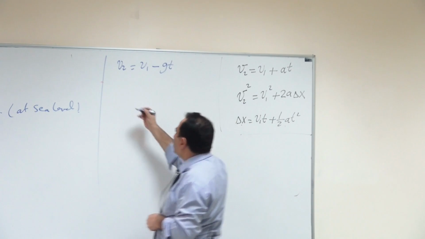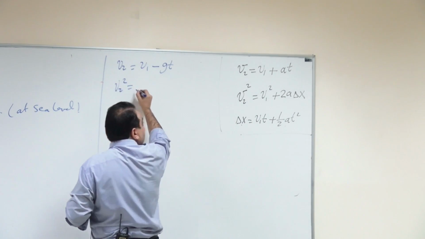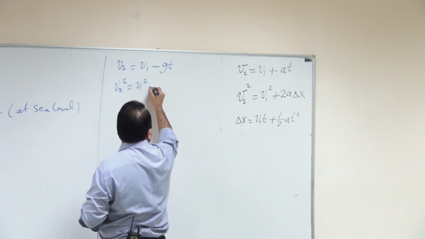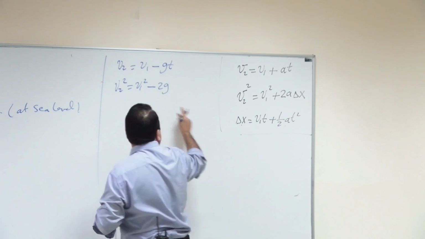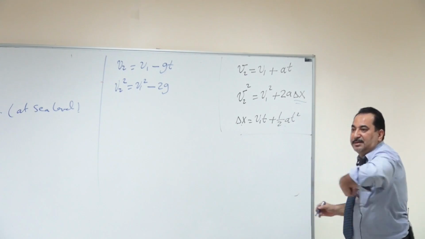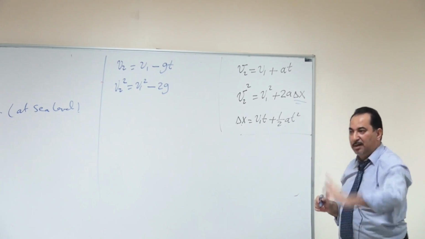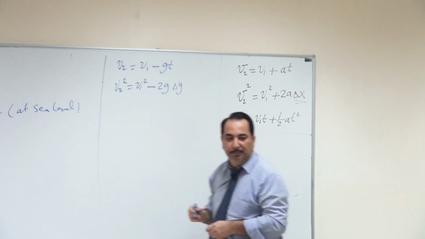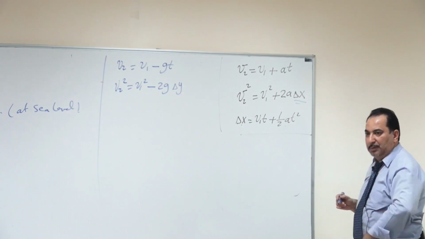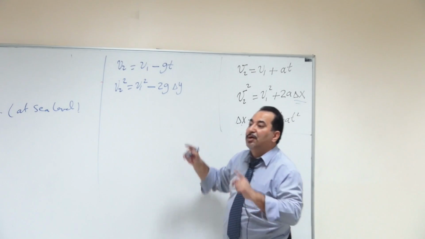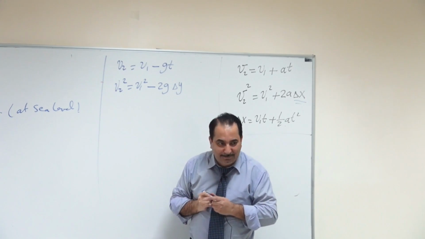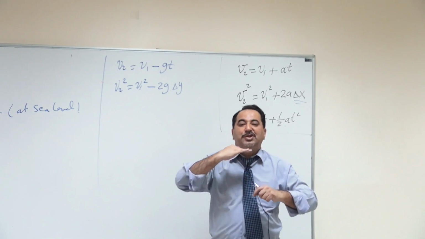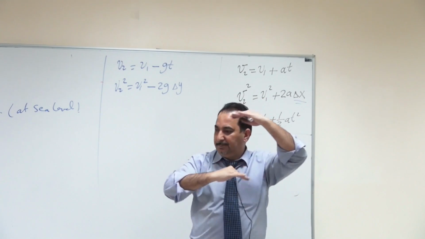Second equation: V2 squared equals V1 squared minus 2g, what? Delta x was the displacement on x, but here it is delta y, the vertical displacement. Again, delta y is not height, it's the shortest distance between two points.